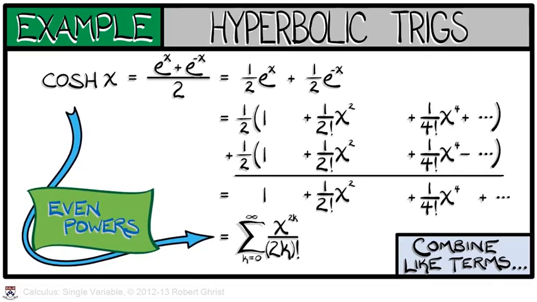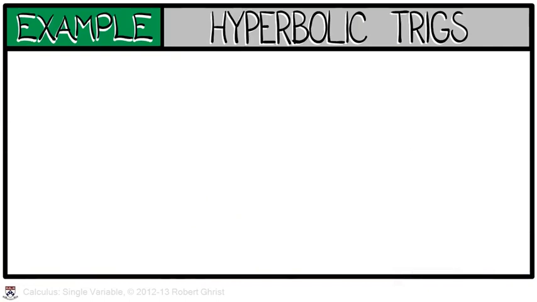Notice that just like the Taylor series for cosine of x, cosh of x consists of the even powers, but with no alternating sign. That is another relationship between the trigonometric and the hyperbolic trigonometric functions.